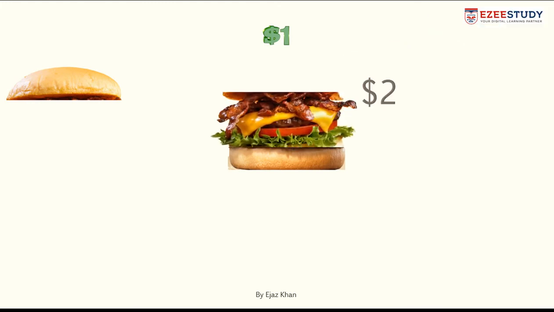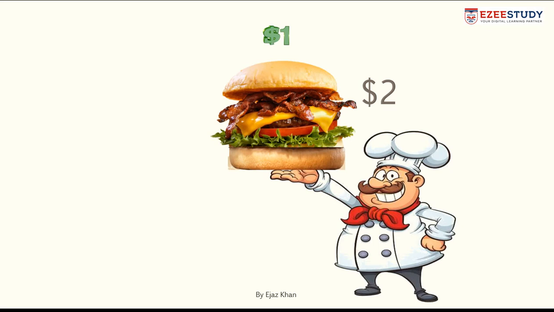Other material costs us $2, and the company pays its chef $1 per burger. It means that each burger is going to cost us $4.